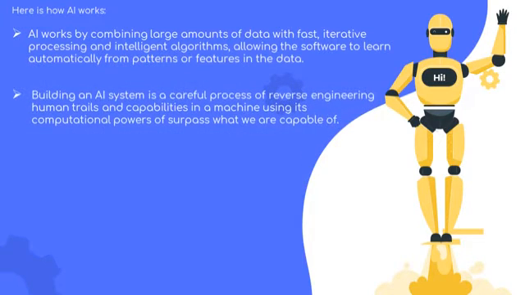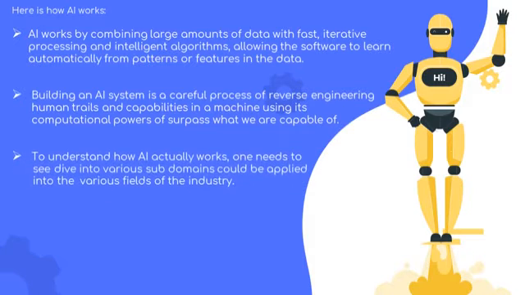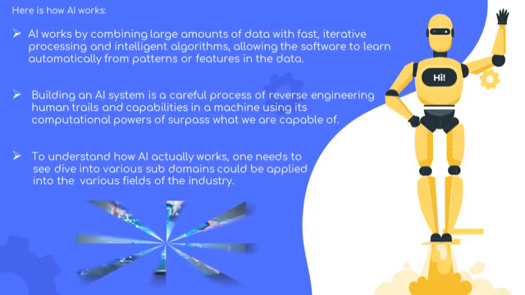Building an AI system is a careful process of reverse engineering human traits and capabilities in a machine, using its computational powers to surpass what we are capable of. To understand how AI actually works, one needs to dive into various subdomains that could be applied to the various fields of the industry.